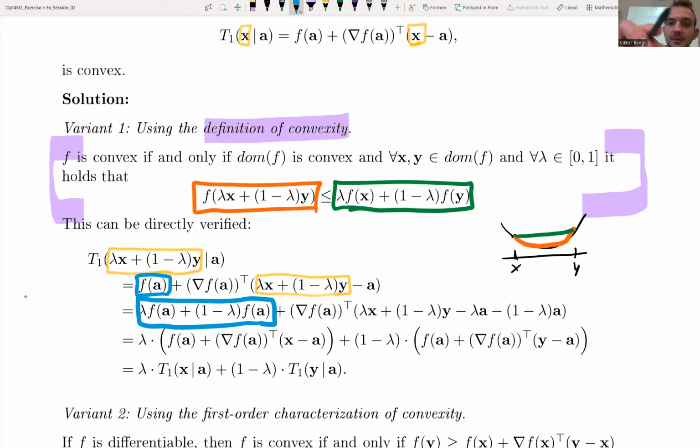Just a more complicated way to write it. And we can do the same for this a here, in violet. We can also write it in a more complicated way.